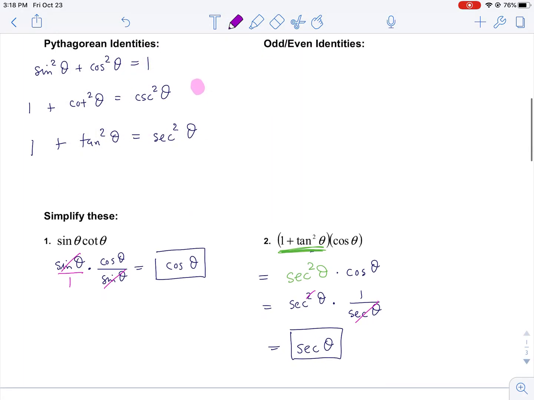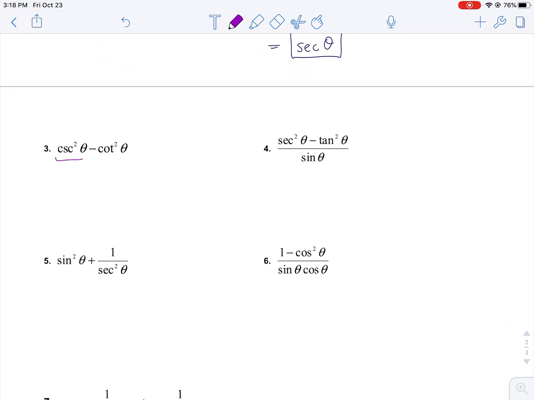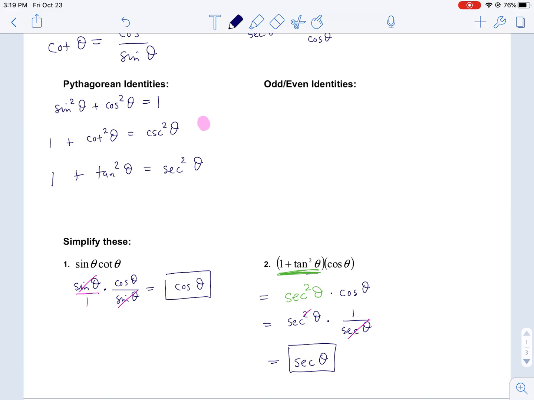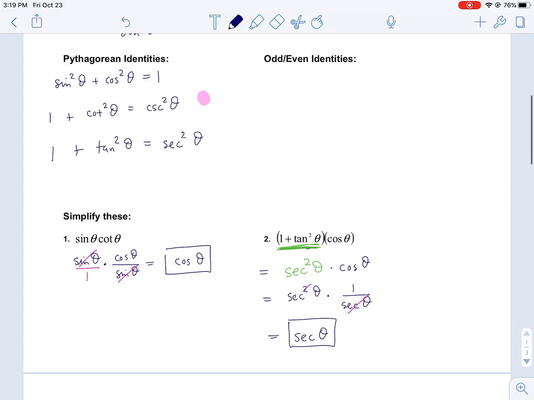In place of cosecant squared, I'll write 1 plus cotangent squared theta, and I still have a minus cotangent squared theta. The cotangent squareds cancel out, and everything cancels out to just 1. So I've actually just proved another identity: cosecant squared minus cotangent squared equals 1. What did I do? I just took that Pythagorean identity and reshuffled the deck. If you move cotangent squared to the right, you get cosecant squared minus cotangent squared equals 1.